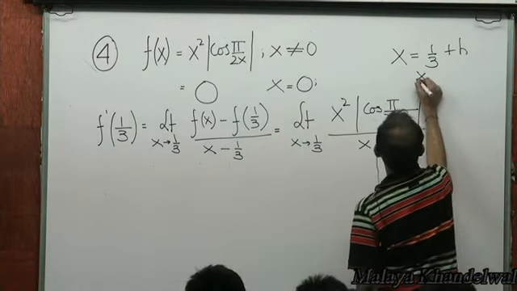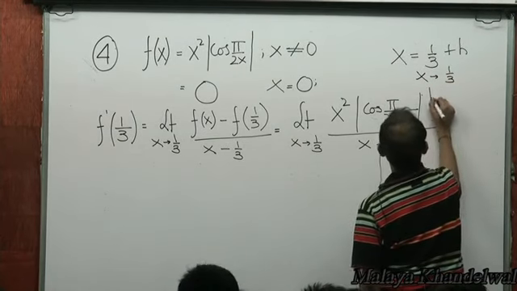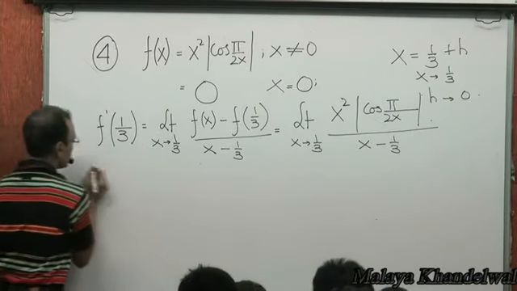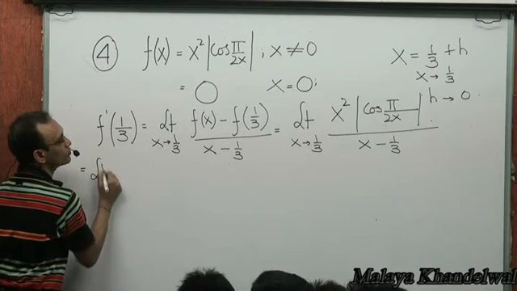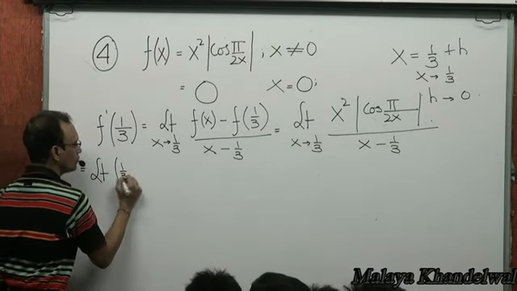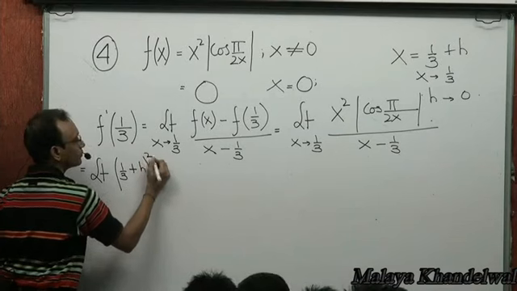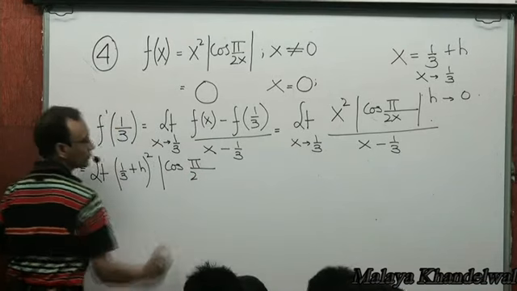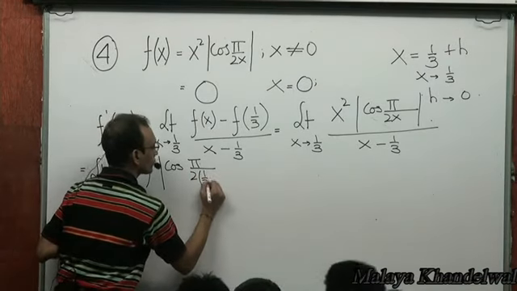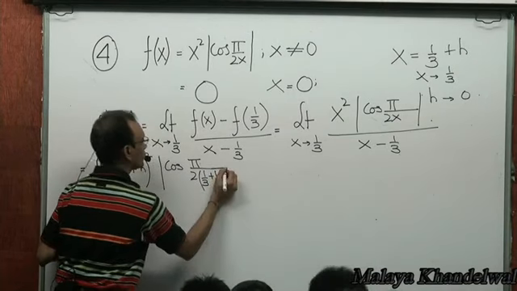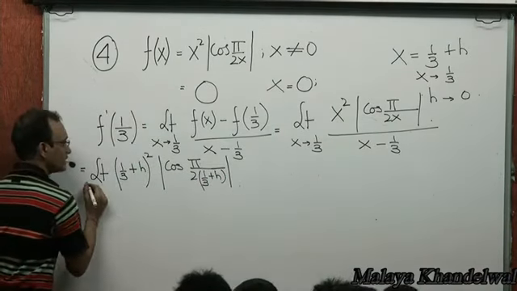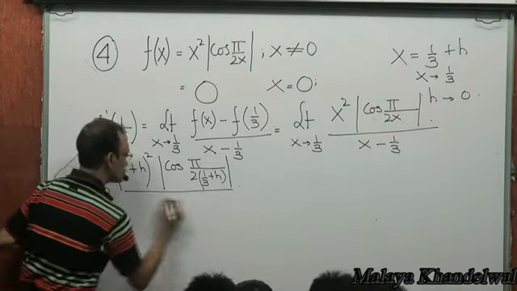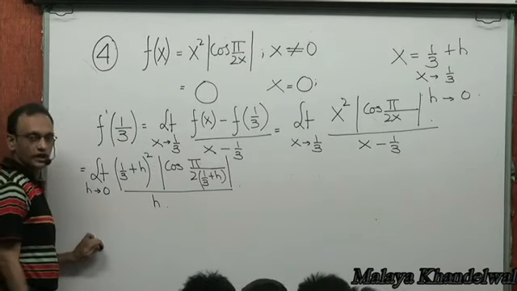So as x tends to 1/3, h tends to 0. Yes or no? This then would reduce to the limit as h tends to 0, divided by h. Clear?